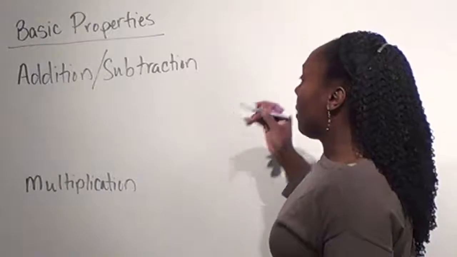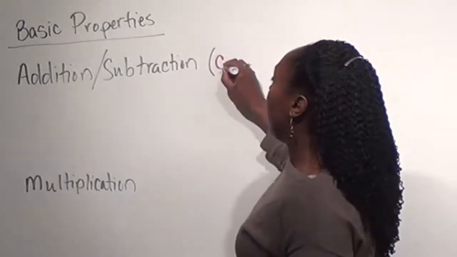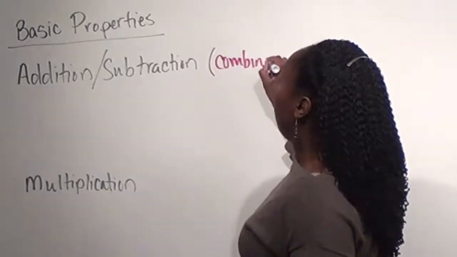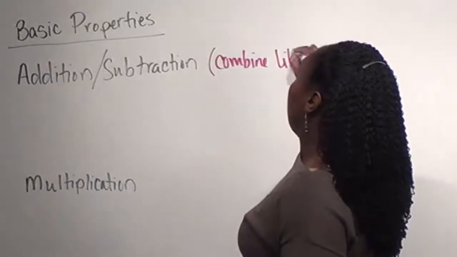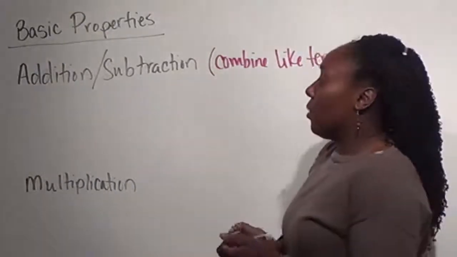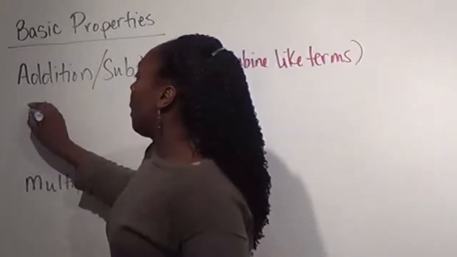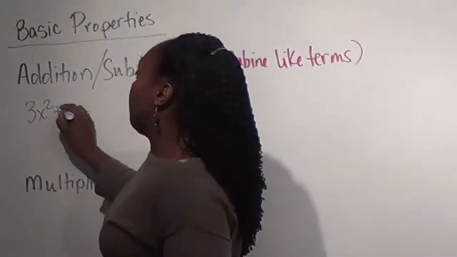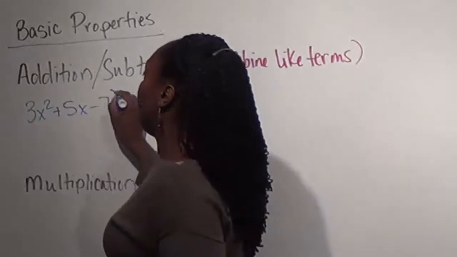And the main thing to do here is exactly what I just said, which is to combine terms. And in particular, we're going to look at what we call like terms. Okay? So an example here would be something like 3x squared plus 5x minus 7.